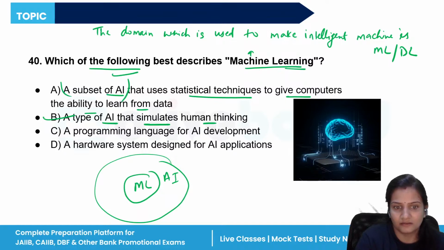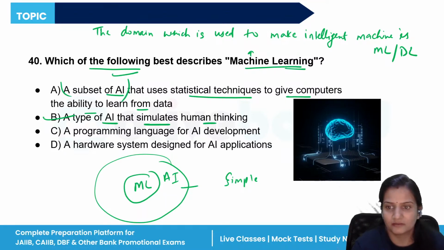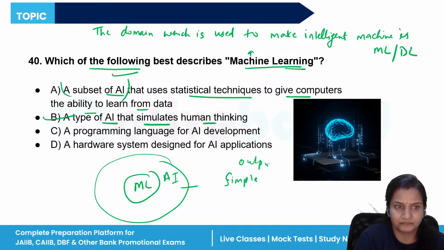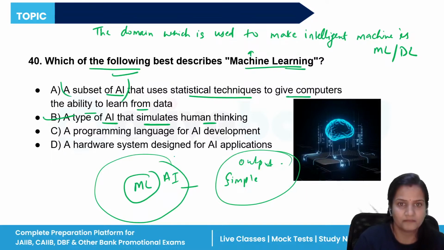Tell me, can't a simple computer also do this kind of work? You provide the input data, all the functioning is done inside the brain of the computer, that is the CPU, and what it gives you as a result is the output. So can the simple computer also do all these functions? Yes, but the question is about machine learning, and machine learning is related to AI.